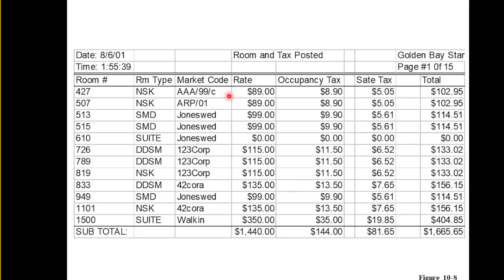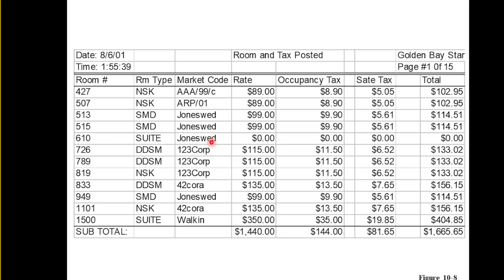So we'll see, we have the market codes, so we'll be explaining this one. AA99 C is actually a discount guest. Here in this example, some hotels actually do have different types of market codes, but this is the standard. Okay, but if your hotel is a small one, like 10 rooms that can be occupied, then probably they will not be using this one.